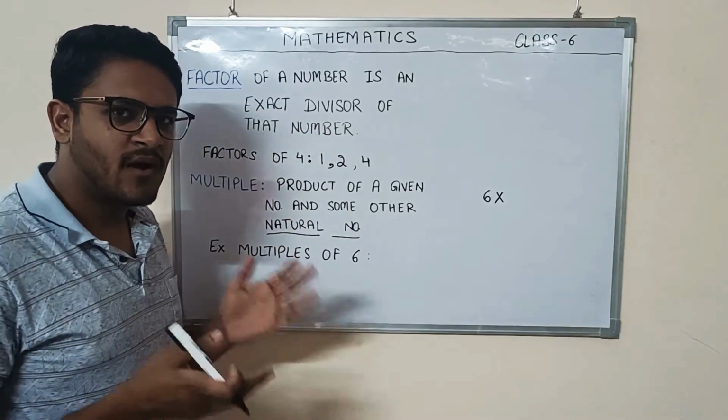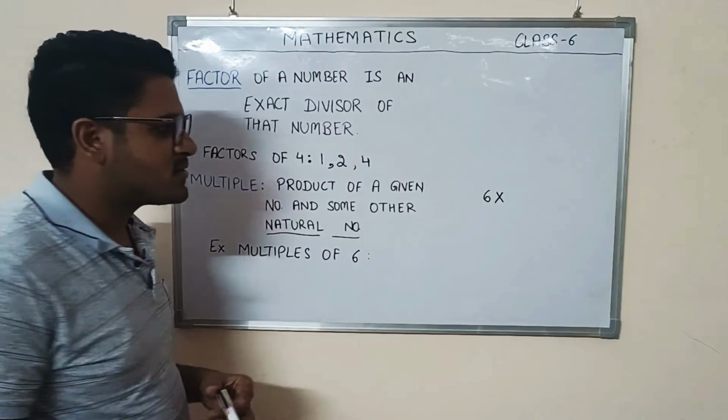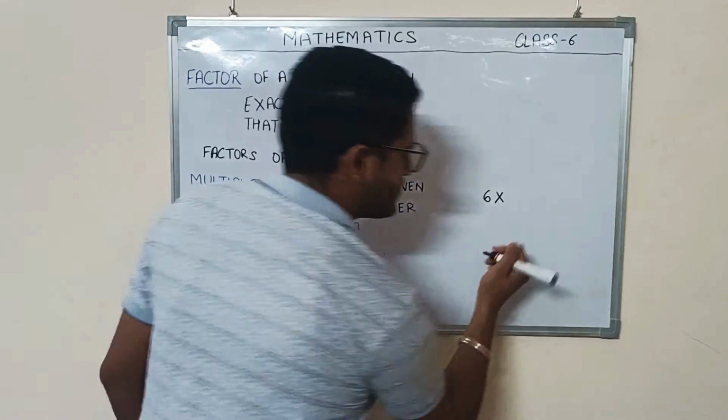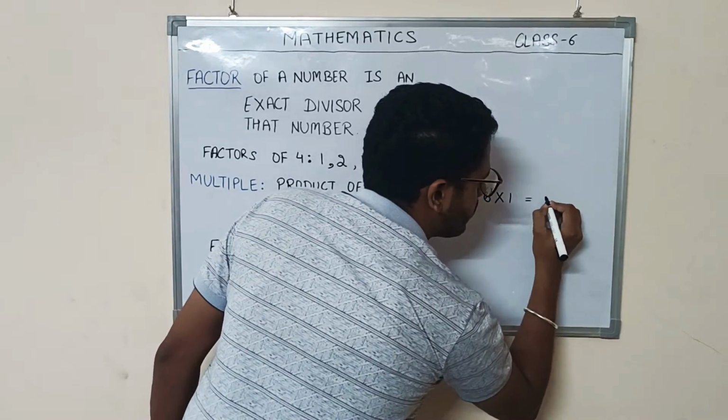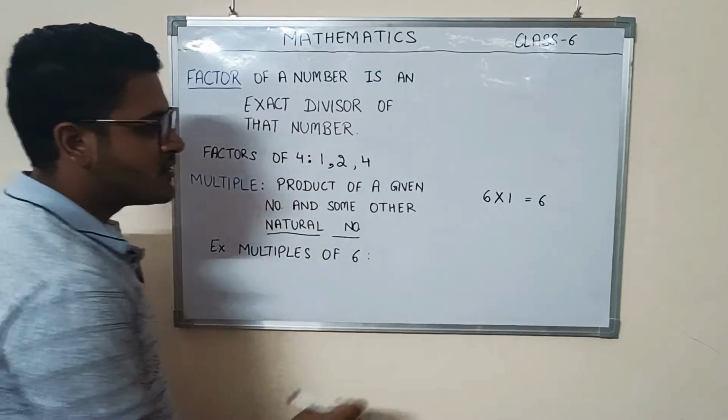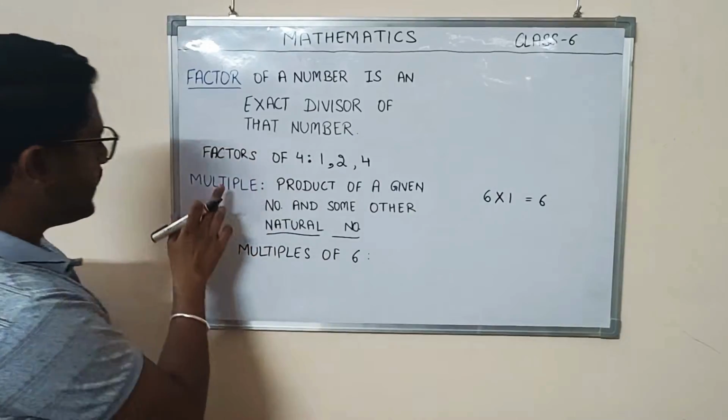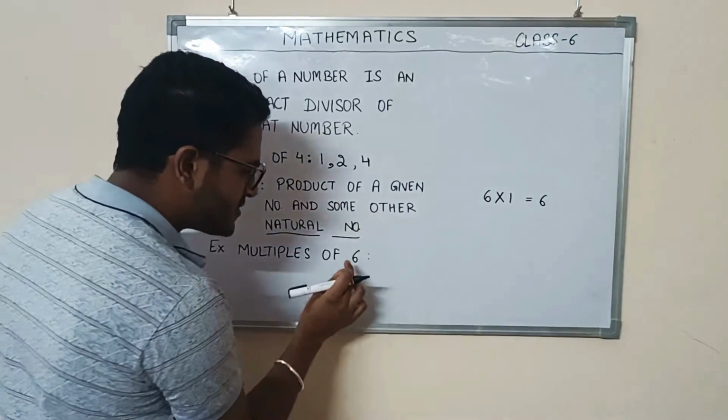Natural numbers are 1, 2, 3 up to n numbers, right? Let's take 1. 6 into 1, what will it be? 6, right? So 6 is a multiple of 6.